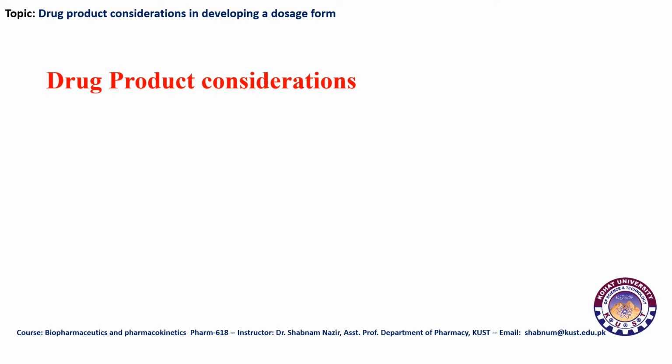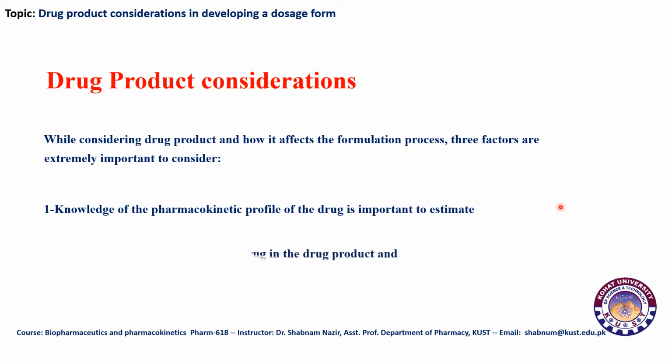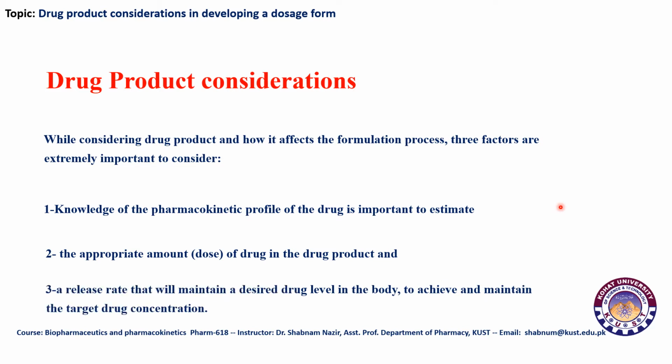So what are the drug product considerations which are important to consider in developing a dosage form? While considering the drug product and how it affects the formulation process, number one, knowledge of the pharmacokinetic profile of the drug is important to estimate the appropriate amount, which is also called the dose of the drug in the drug product, and the release rate that will maintain a desired drug level in the body to achieve and maintain the target drug concentration.